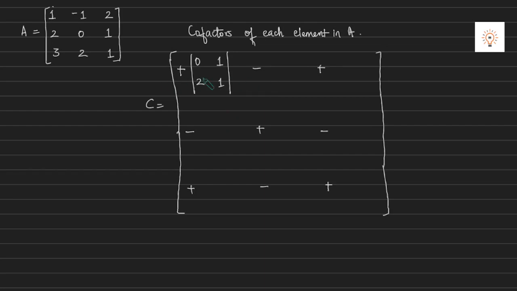Similarly, for all the other elements in matrix A, I get 2, 1, 3, 1. For this one, I'll get 2, 0, 3, 2. Here I'll get -1, 2, 2, 1. And here I'll get 1, 2, 3, 1.